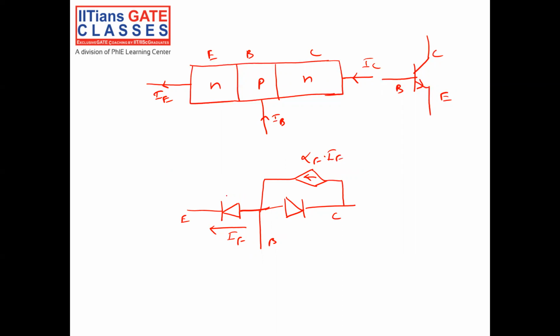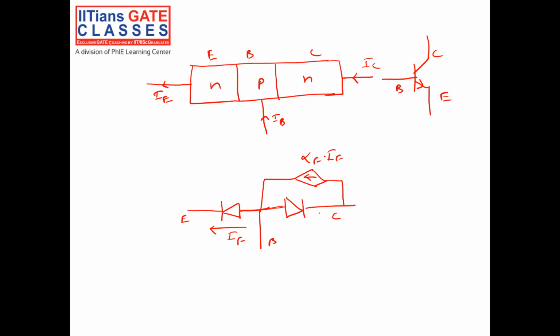Some part of the current of the input PN junction diode is flowing through the base to collector diode. This is the phenomenon of a transistor. It is not simply a back-to-back connected diode, because if it were, the input current in the base emitter junction would not have affected the current in the base to collector junction.